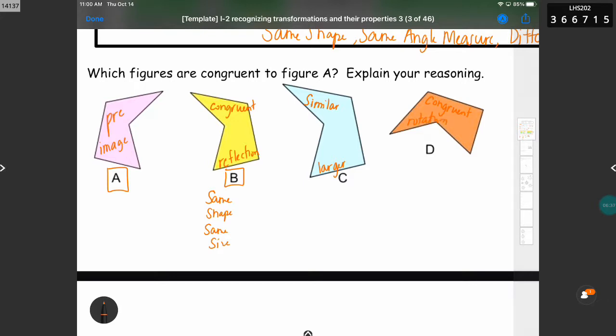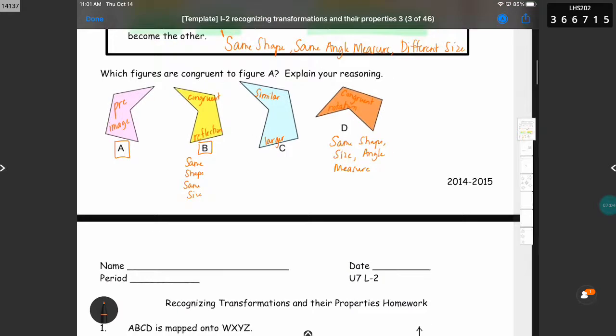So this is the same shape, same size, and we're going to add angle measure. Same shape, same size, same angle measure. Any questions? All right, let's look at number 1.